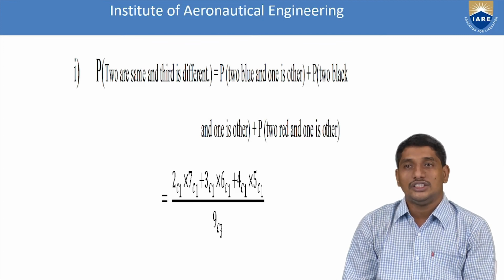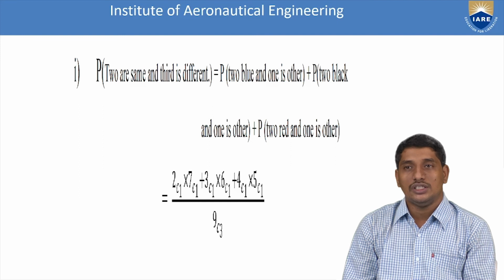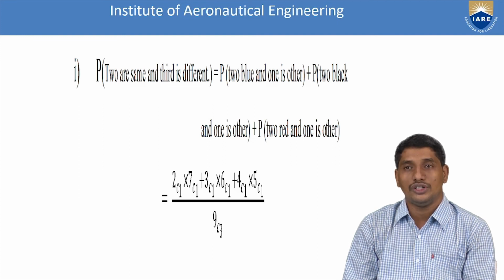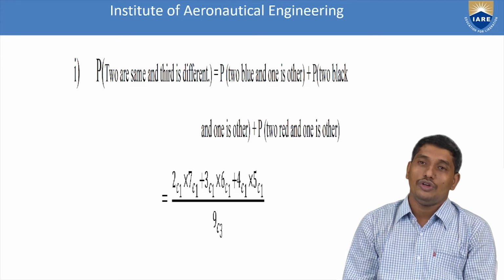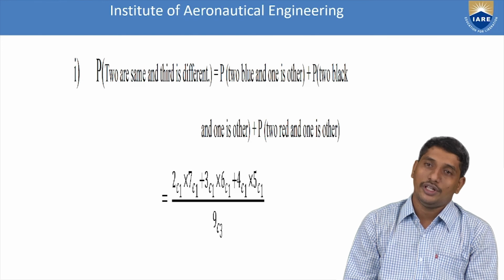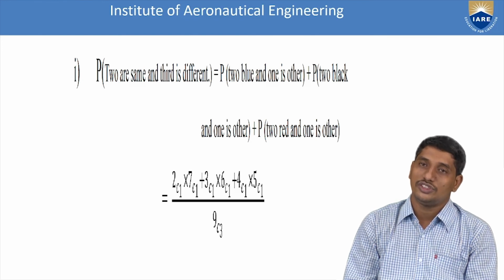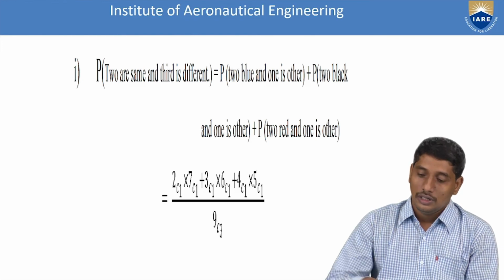And the third case is 2 red and 1 is other, that is 2C2 into 7C1. So in this way we can calculate the probability of getting 2 balls of same color and third one is different. With this problem I would like to conclude the lesson.